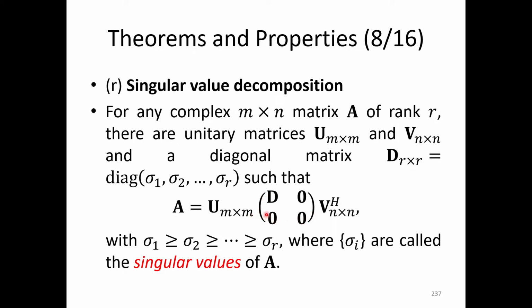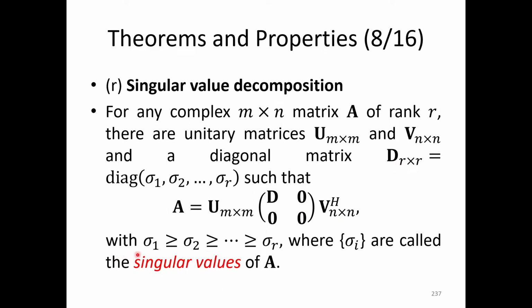So the number of rows of this zero matrix is equal to m minus r. And because we can multiply this matrix by this matrix, this matrix has n columns, and the number of columns of this matrix is equal to n minus r.